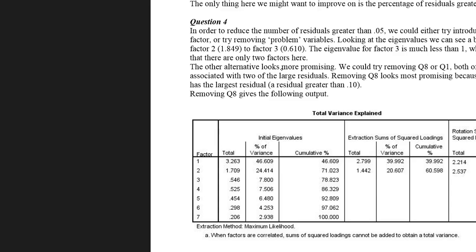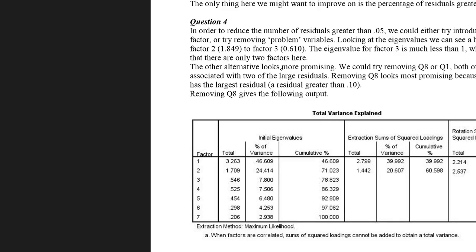The eigenvalue for factor 3 was 0.61, which is too low to consider including 3 factors in the solution. So instead, we could try removing question 8 or 1 from the solution, because they're the ones producing the large residuals when comparing the observed and predicted correlation matrix.